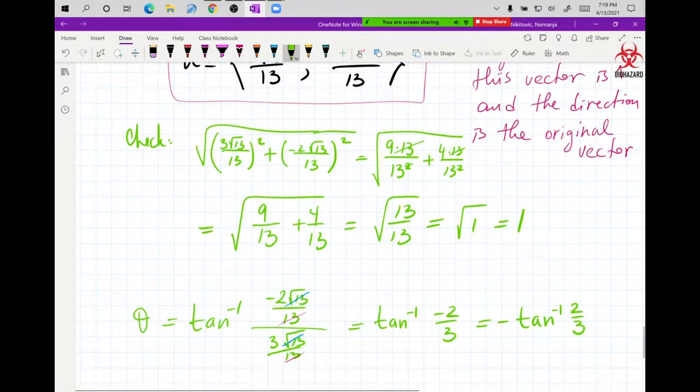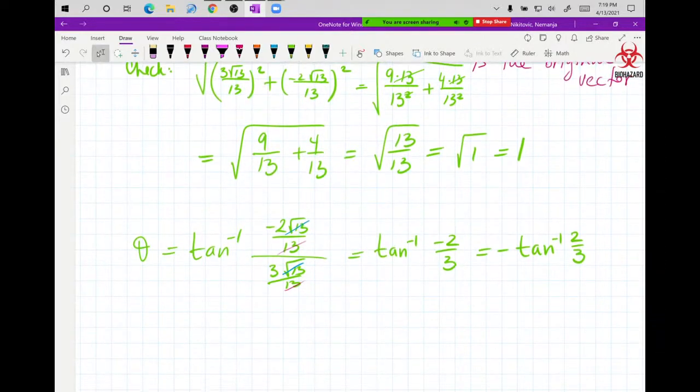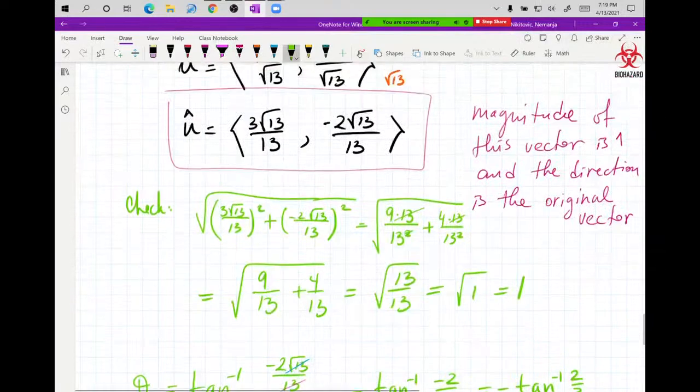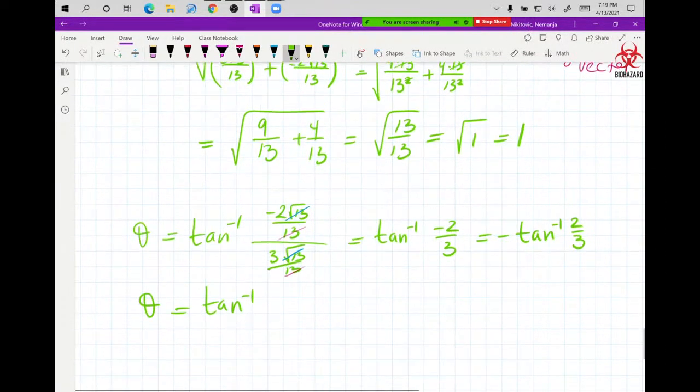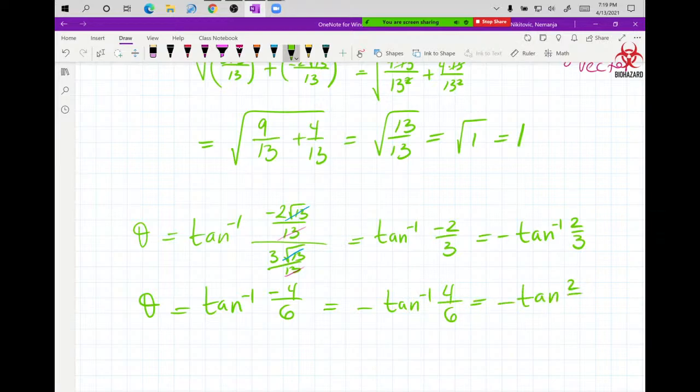And I'm not going to actually bother computing this in a calculator, because all I need to do is compare it to the original vector. And the original vector had negative 4 and 6, which is negative tangent inverse of 4 over 6, which cancels to 2/3.